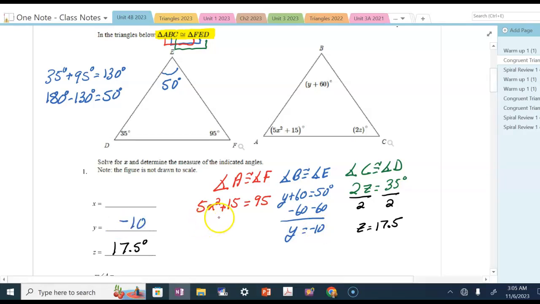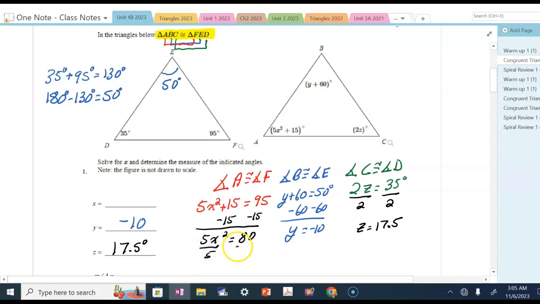And then for X, I'm going to subtract 15 from both sides. So 5x squared is equal to, I'm going to grab my calculator, 95 minus 15 is 80.